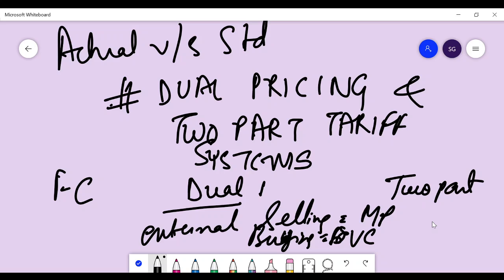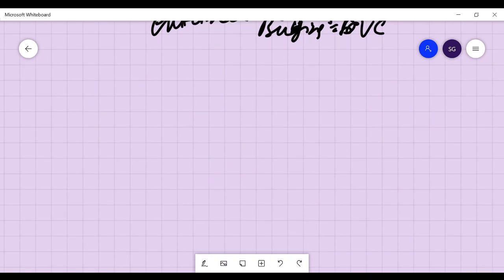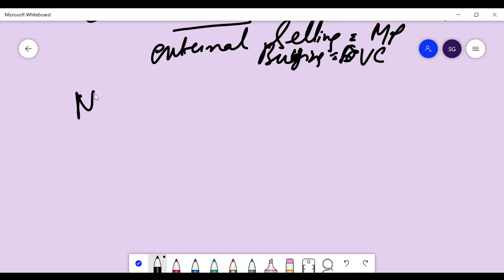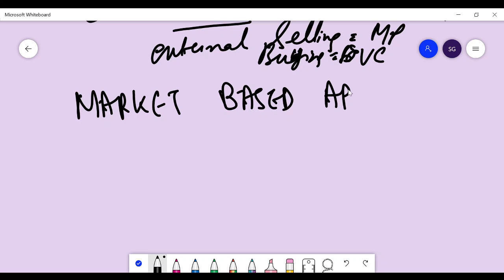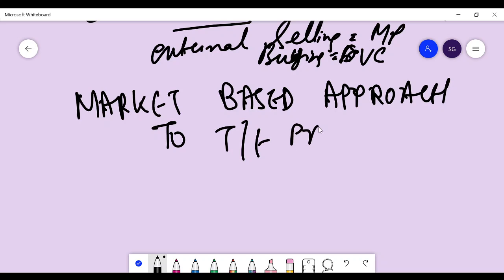The third approach that we have is market-based approach to transfer pricing. If market price exists, that will be the basis for transfer.